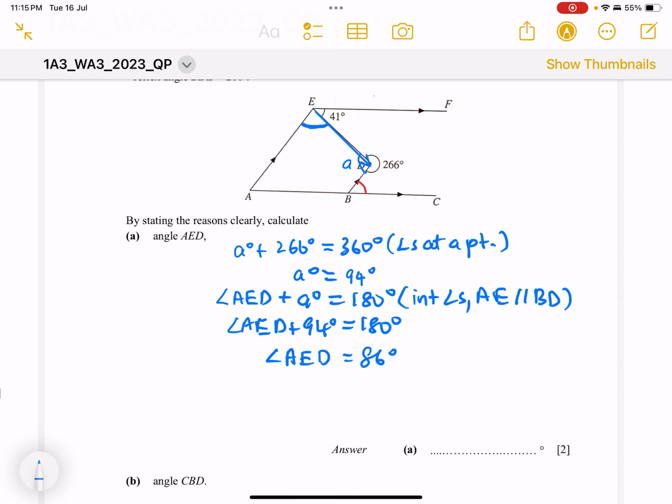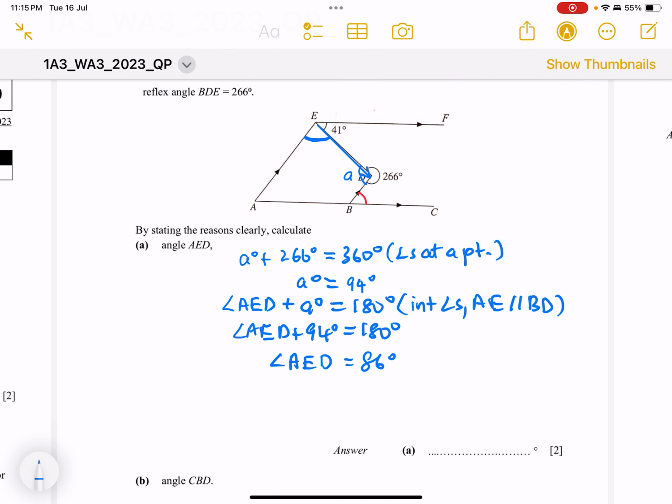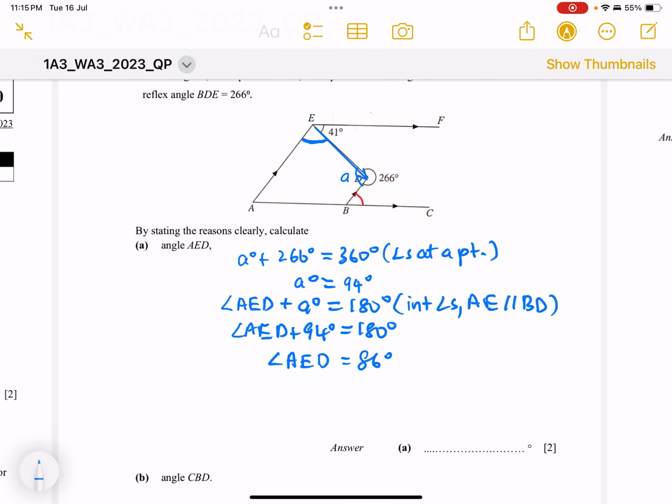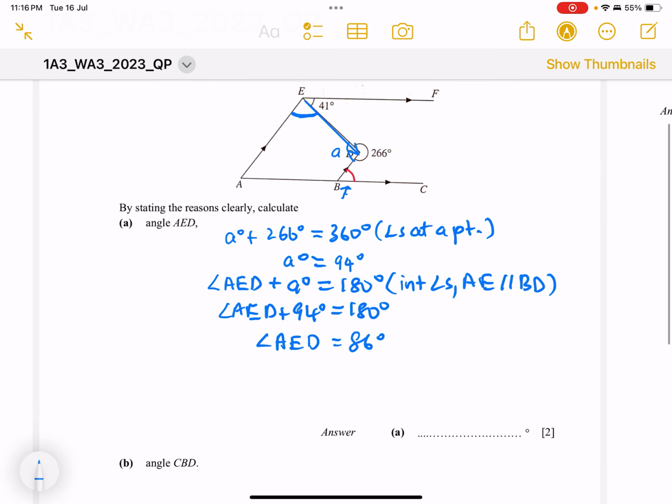Right, the next part we need to find angle CBD. Right, angle CBD is this angle here. So what we need to do now is to split up the angles.